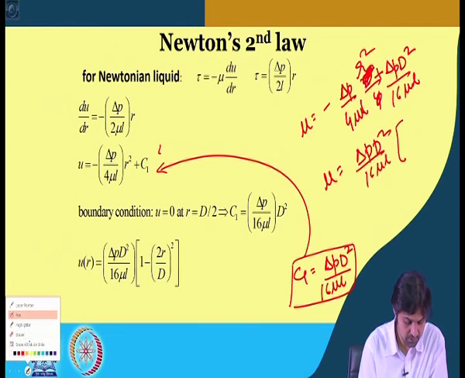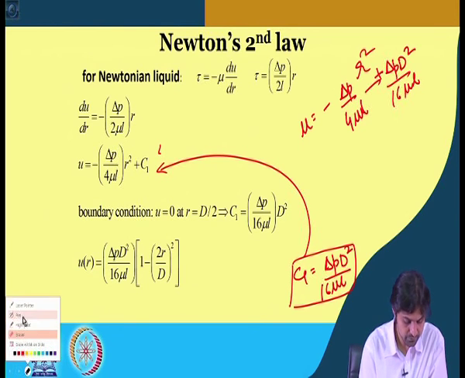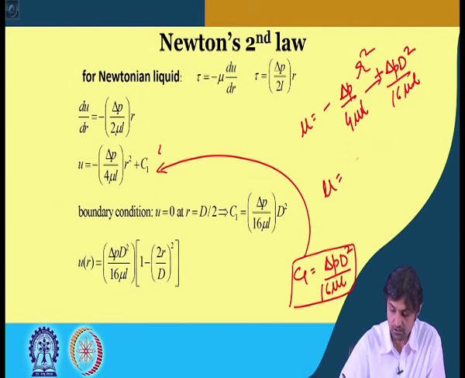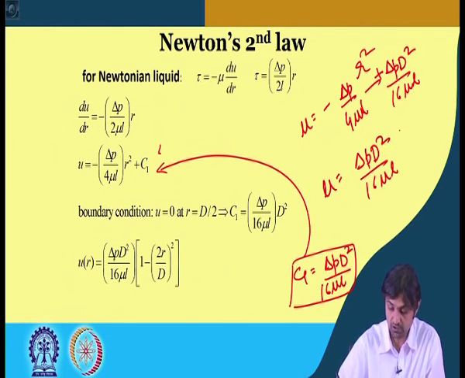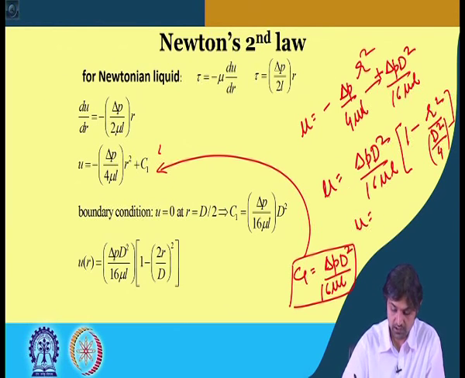So u is, let's take delta p d square by 16 mu l as constant, and then we are left with 1 minus r square divided by d square by 4.